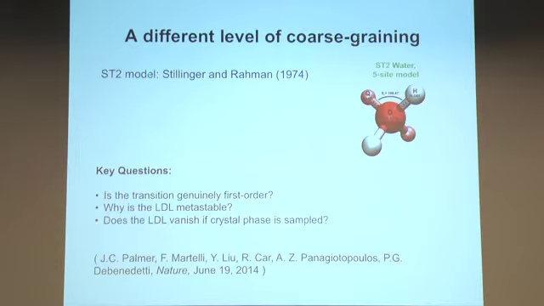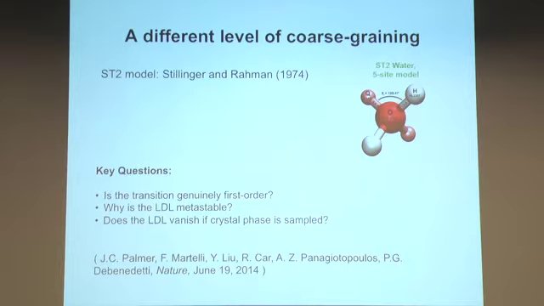And we use here what is called the ST2 model for water that was introduced in the 70s by Frank Stillinger and Aneesur Rahman. In this model, each molecule is a rigid little tetrahedron with charges associated to these different spheres, and the parameters are adjusted to reproduce the properties of water.